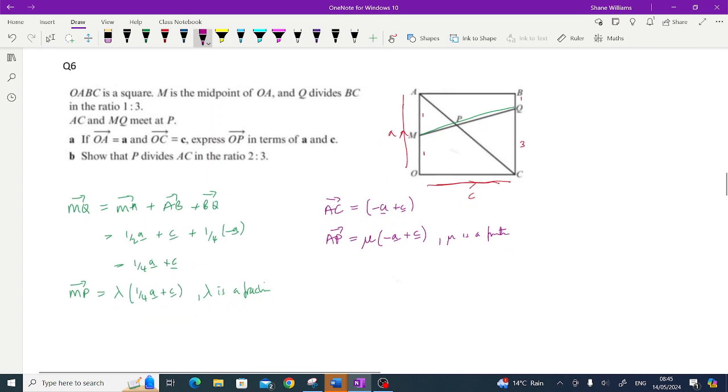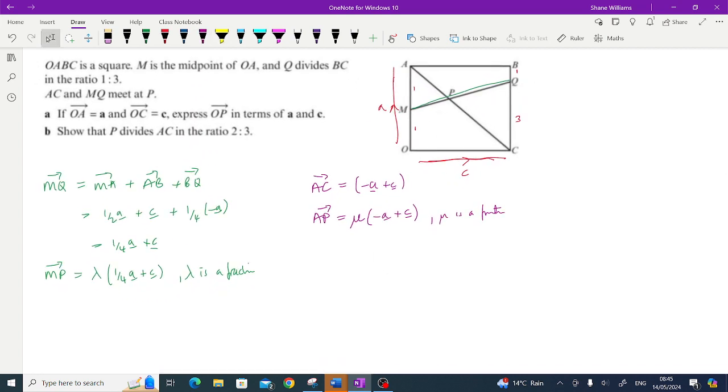What we're going to do now is get to P using those two different routes, starting from the same place. In this question, it asks us to express OP. So OP equals, don't worry too much about what the questions are asking here, you kind of do it all at once.